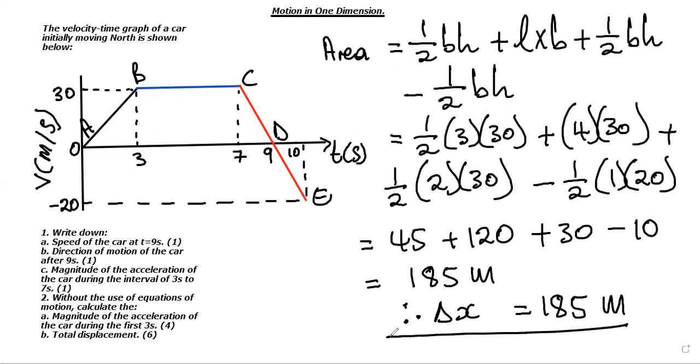185 meters, like that. But what if the question said, calculate the total distance? How will it be different? If they ask you to find the total distance, the only difference would be instead of subtracting the area that is below the time axis, you are actually going to add it.